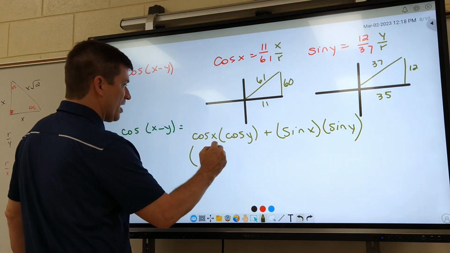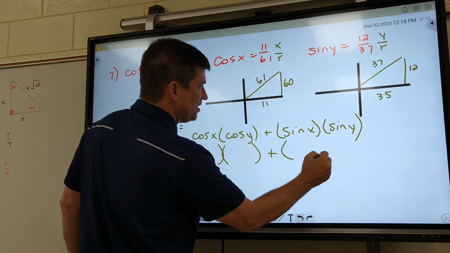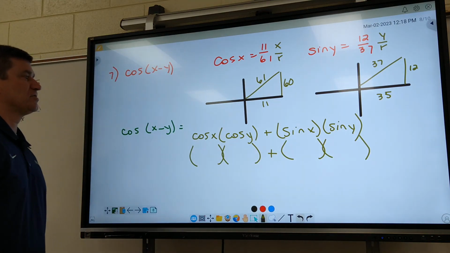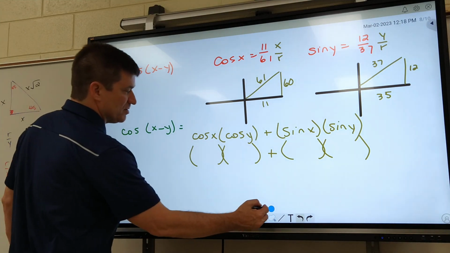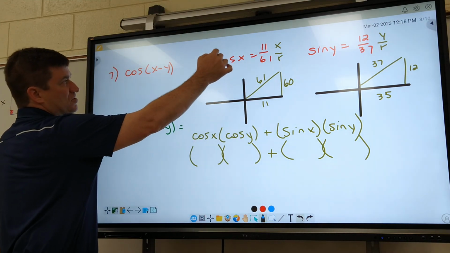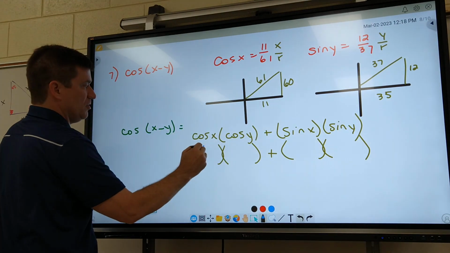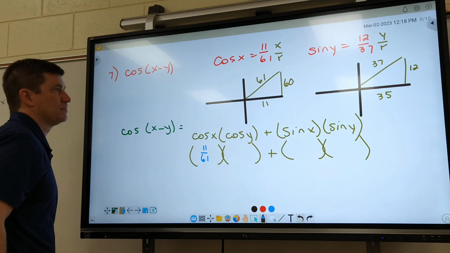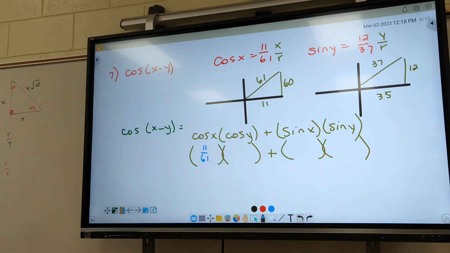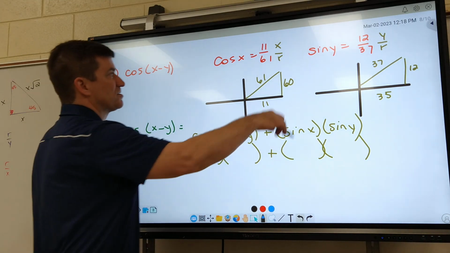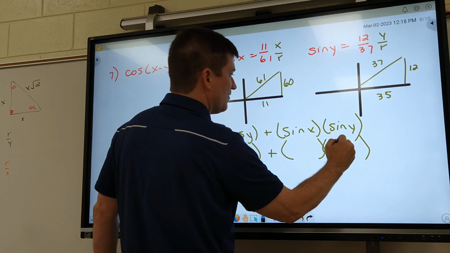All right, so you've got to plug in your 4 fractions once again and put it in your calculator. So let's go ahead and plug in the ones they're giving us. They're giving us cosine of x is 11 over 61. You can put that here. They're also giving us the sine of y is 12 over 37. That goes here.